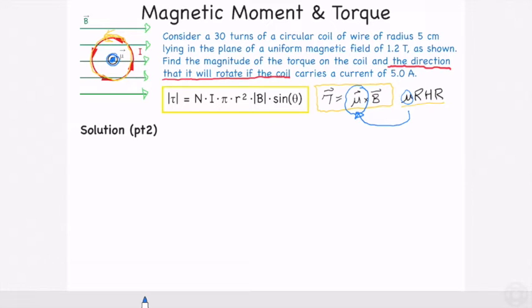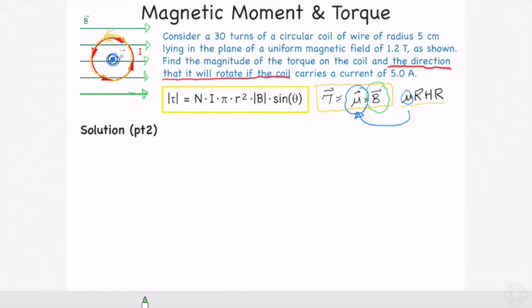And then you have to orient your hand so that when you start to close your hand, you will push, using your fingertips, the mu vector into the direction of the B vector. In this case, that would have your fingers pointing initially up out of the page, with your pinky oriented towards the bottom of the sheet.